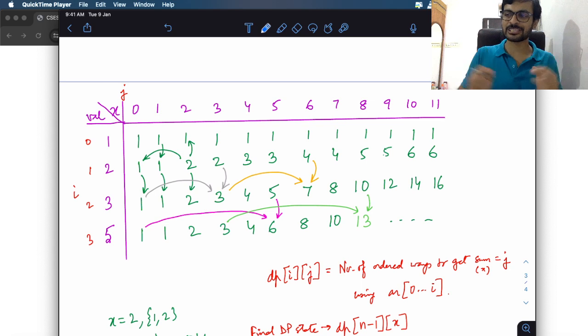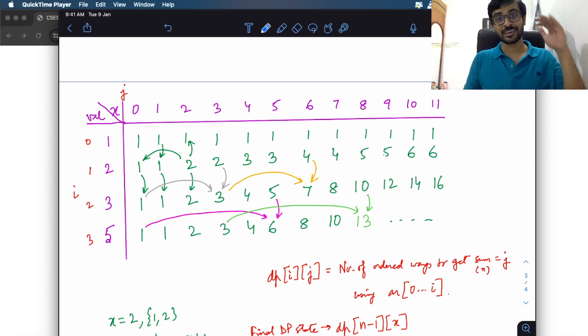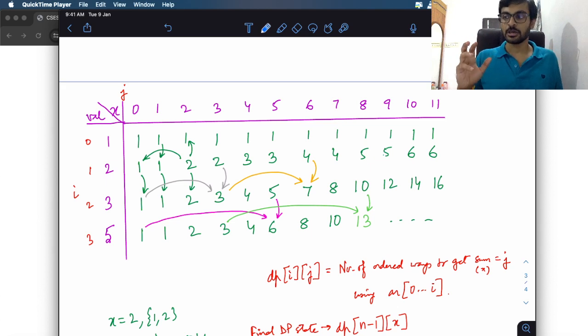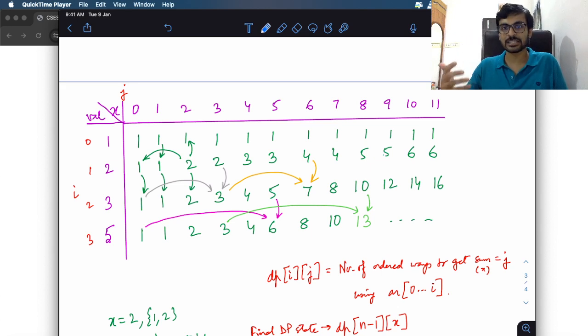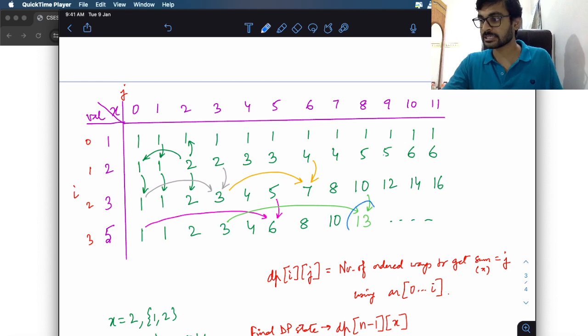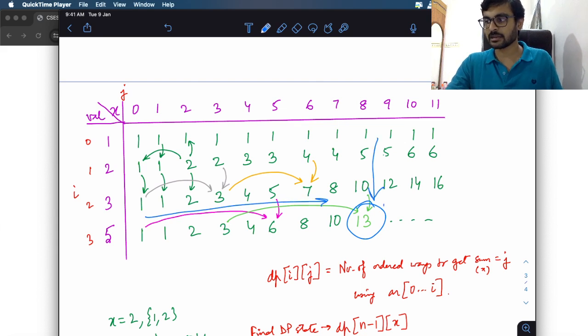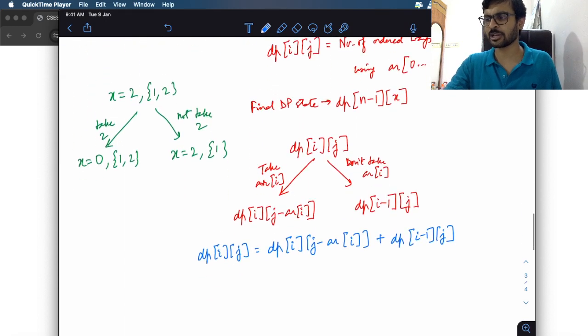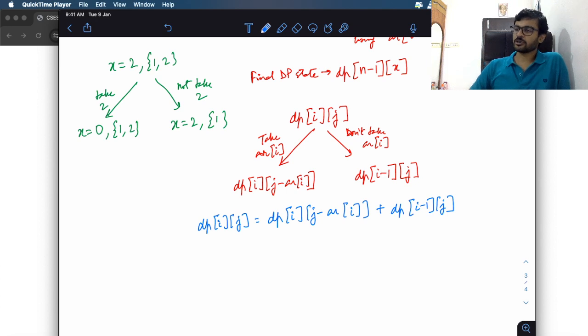Mostly we have discussed this in the common DP class: if the order is clear, in what order we will keep on getting the answers, which answers we need before which answers. For example, this answer depends on the left and top. So definitely I need to proceed from the left to the right and from the top to the bottom. Then only I can get this answer from the already solved things. When this order is clear, you can apply tabulation. So this is your recurrence.